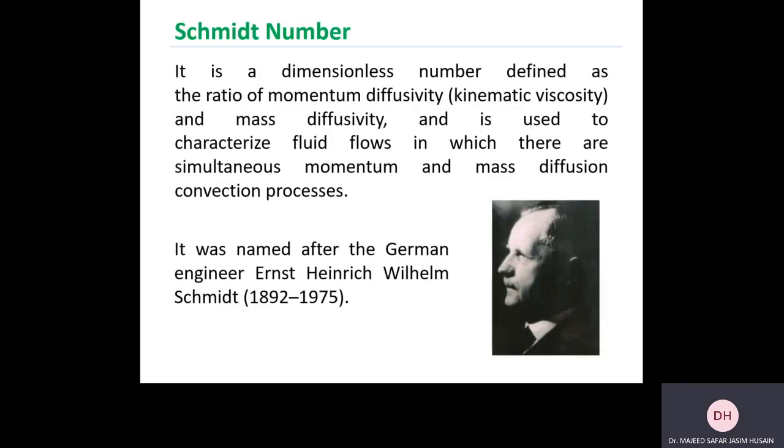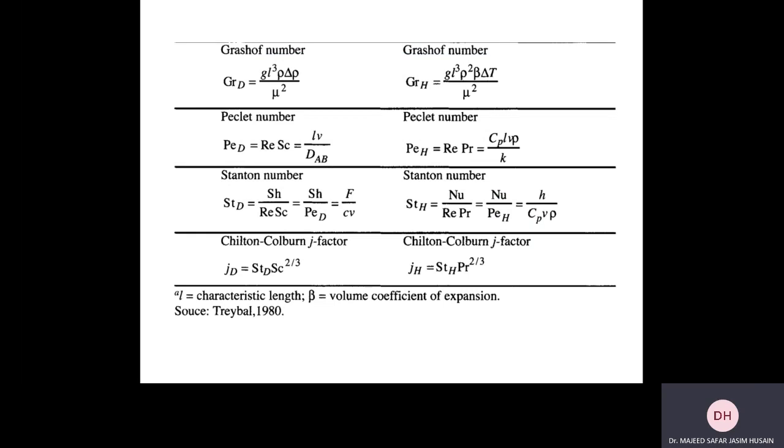So the next few slides are basically defining the meaning of each one of these dimensionless groups. The Schmidt number is a dimensionless number defined as the ratio of momentum diffusivity, or we call it kinematic viscosity, and mass diffusivity. So if we go back, the Schmidt number is viscosity divided by rho, divided by the diffusivity or diffusion coefficient.